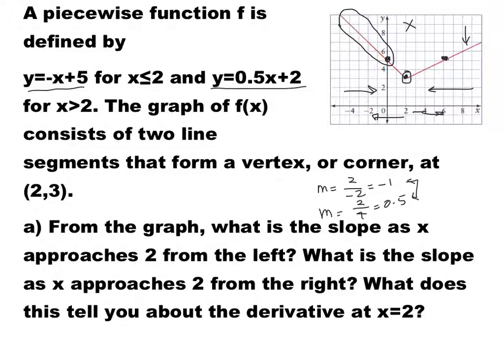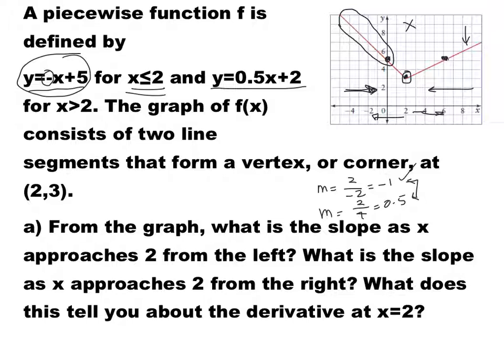We could also find the slope using the equations. When we are moving from the left toward 2, this means that our x is always less than 2, so we have to use this equation because it is defined for x less than or equal to 2. So the slope of this line is equal to -1 because the coefficient of x is -1, which is correct.